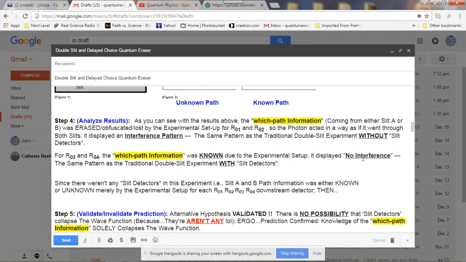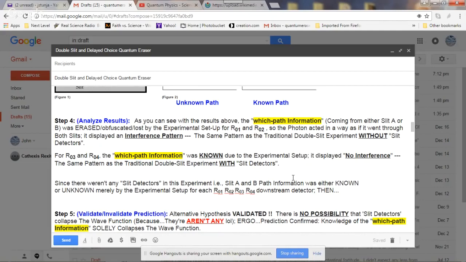It displayed no interference, the same pattern as the traditional double slit experiment with slit detectors. Since there weren't any slit detectors whatsoever in this experiment, that is, slit A and slit B path information was either known or unknown merely by the experimental setup for each R1, R2, R3, and R4 downstream catcher's mitt or detector.